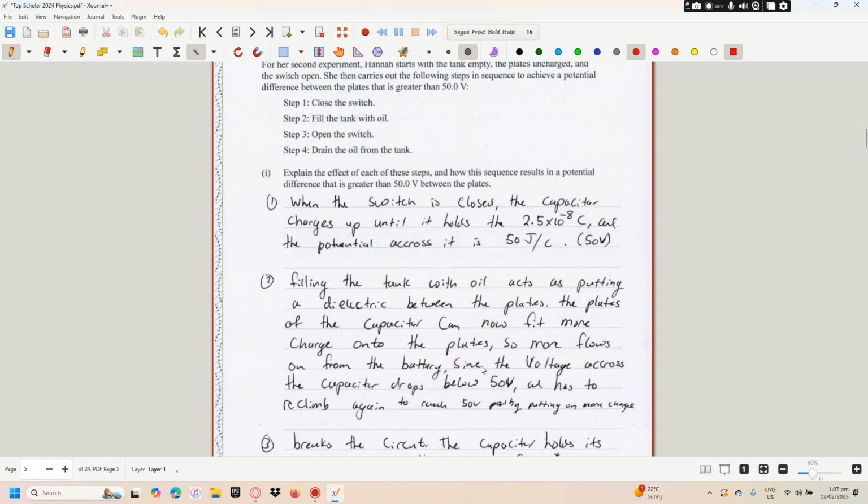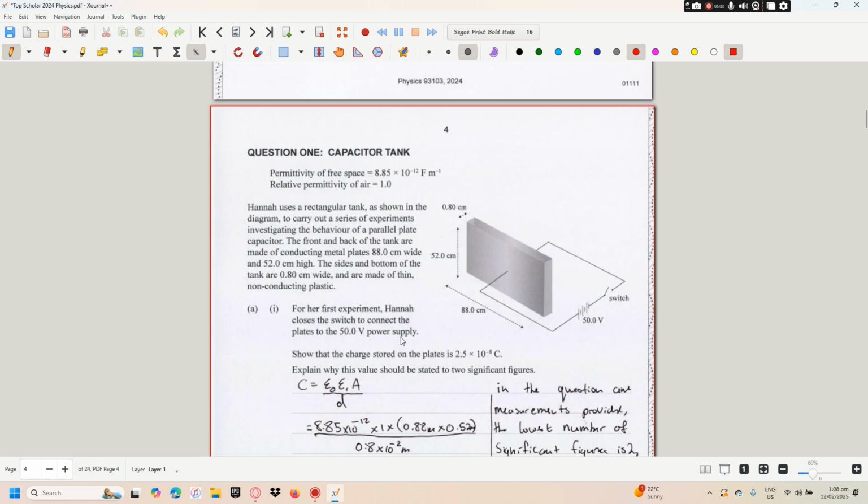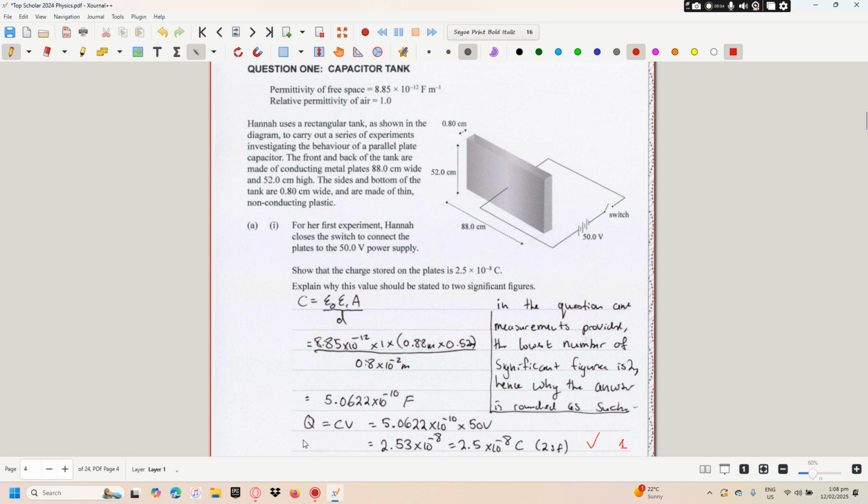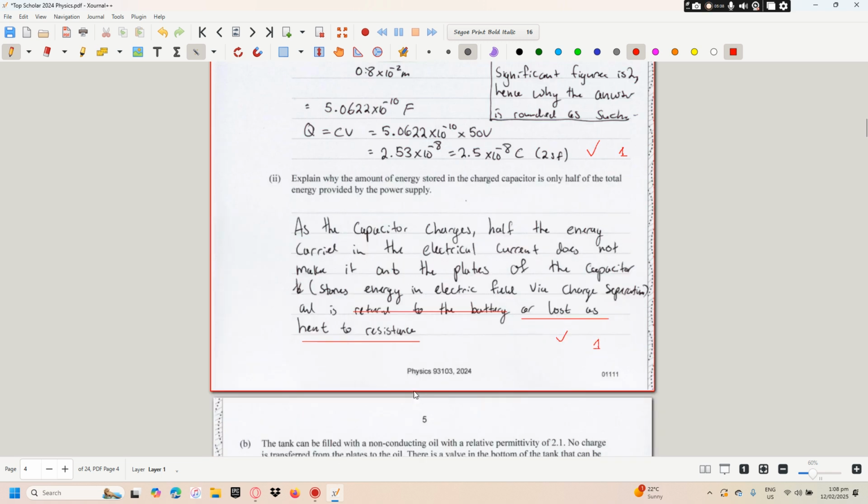Anyway, more charge gets onto the plates, and so more flows from the battery. Since the voltage across the capacitor drops below 50 volts, it has to reclimb again. Now it drops below 50 volts because if you remember, voltage equals Q divided by C. If the capacitance increases, then voltage will decrease.